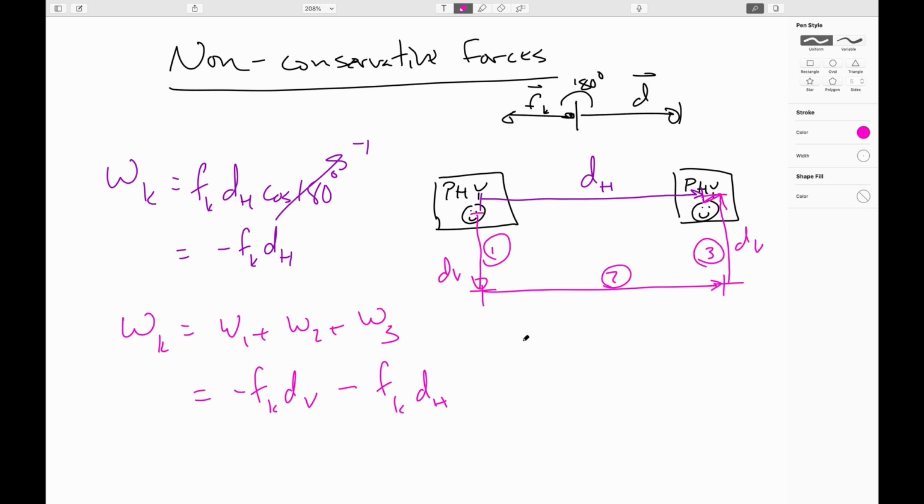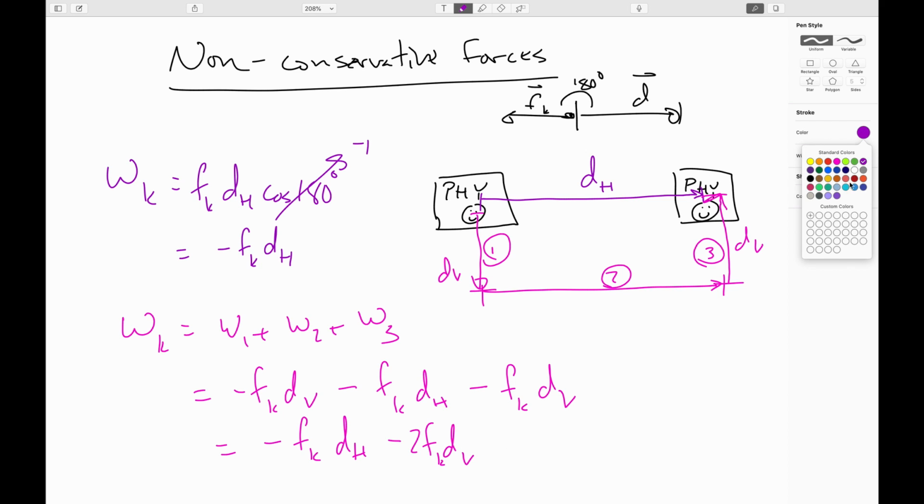These are always 180 degrees apart, so it'll always be a minus sign here, Fk dV. So this works out to be minus Fk dH minus 2Fk dV. Well, looky there.